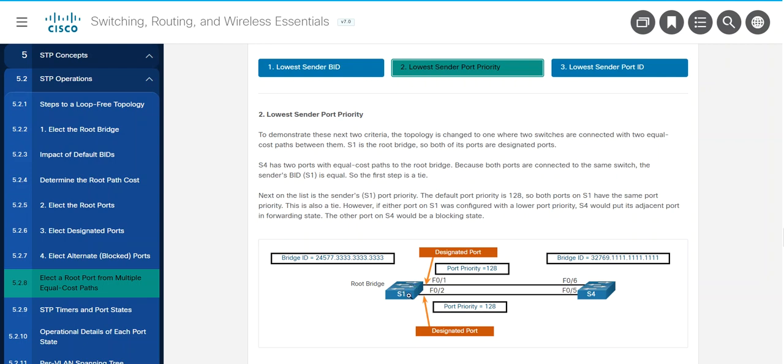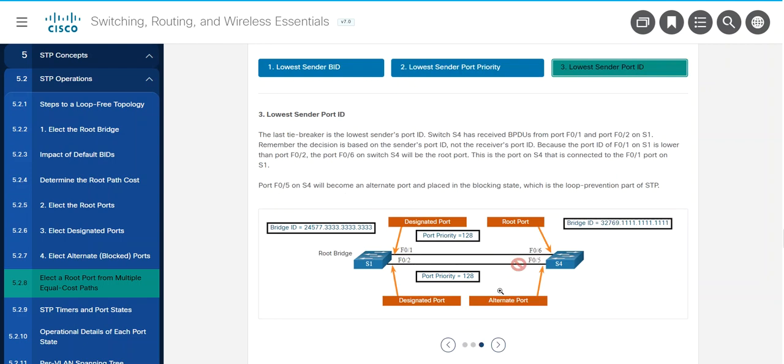And notice there's 2 ports here. Because this is the root bridge, both of these will be the designated port. So they're both designated ports, so it really just makes you determine which one is the root port and which is the alternate port.